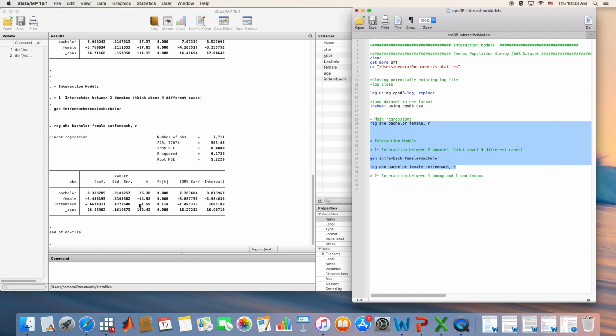Okay, so education adds to the average hourly earning $8.3 per hour. Female decreases average hourly earnings by 3.44 approximately per hour. And the interaction term between female and bachelor even adds to the negative effect of being a female.